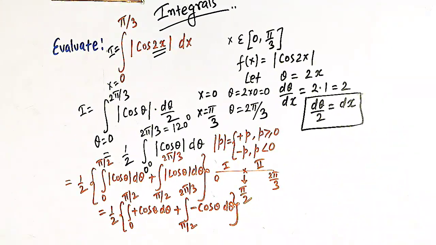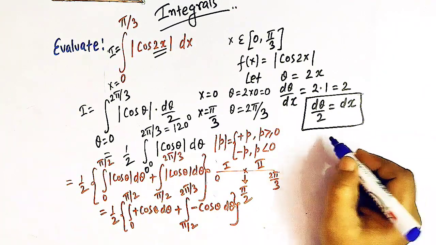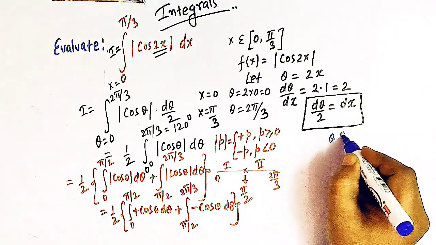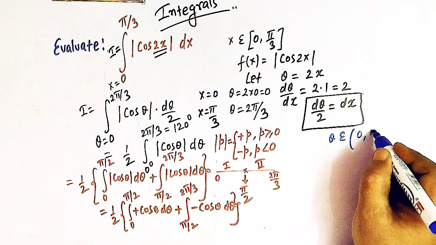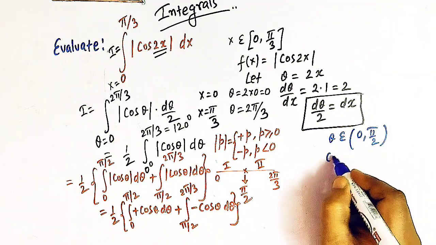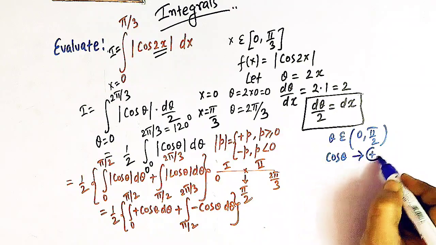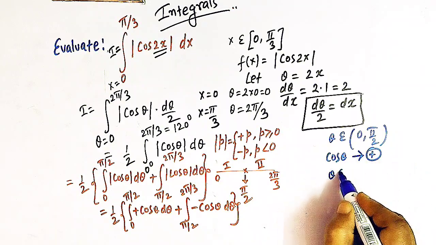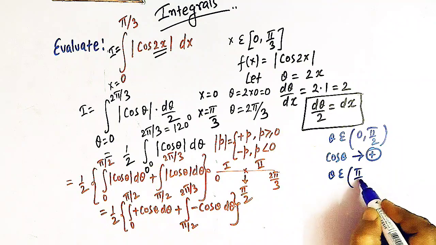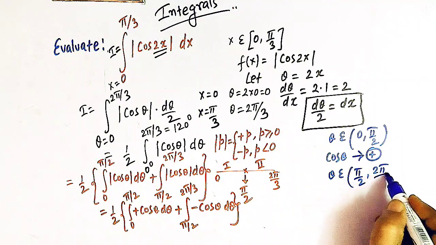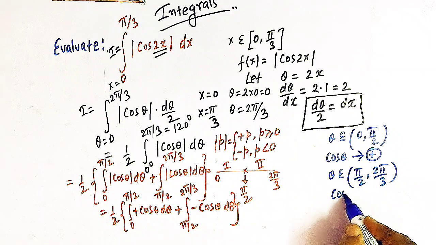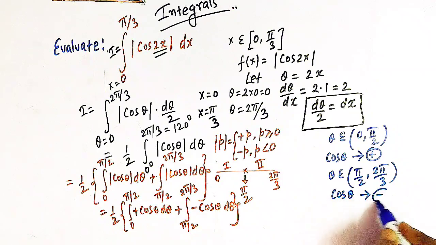So in other words, we can also say that when theta belongs to the interval 0 to pi by 2, cosine theta is positive, right? And when theta belongs to the interval pi by 2 to 2 pi by 3, then cosine theta is negative.